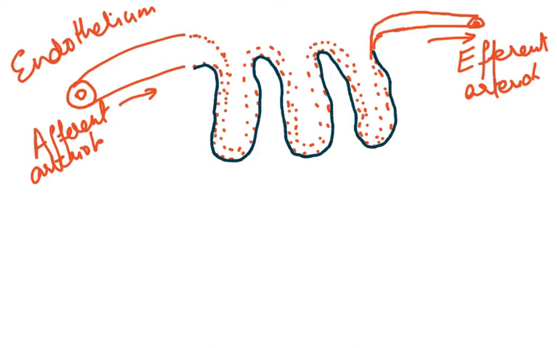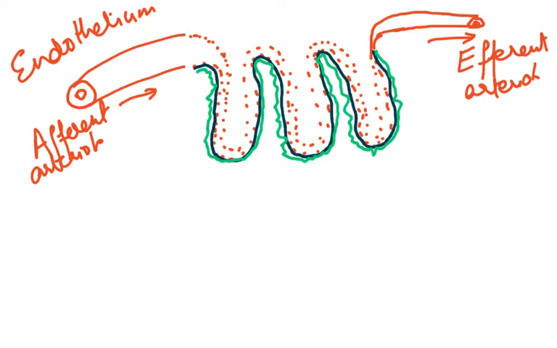And then, I am going to change the color. There is another layer of cells here which I am drawing with a squiggly line. This layer of cells is also called the visceral layer of the Bowman's capsule. It is made up of cells which have a very special structure, and they are called podocytes.